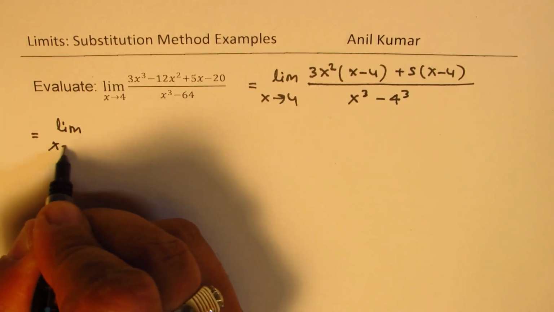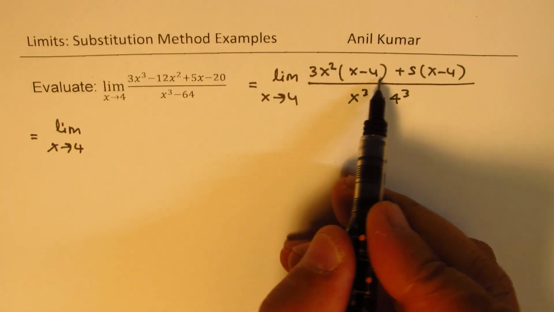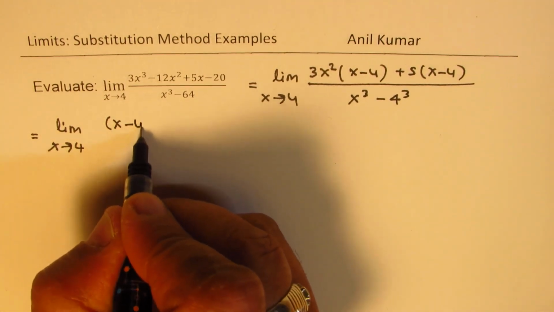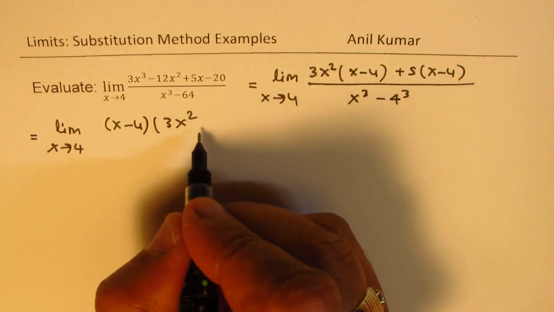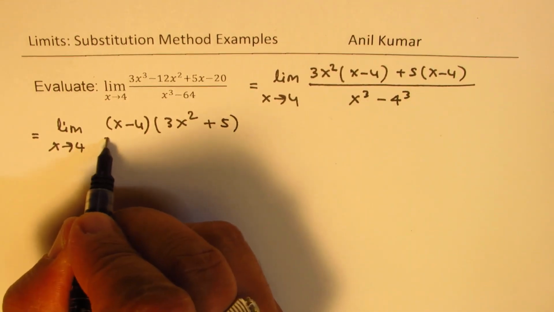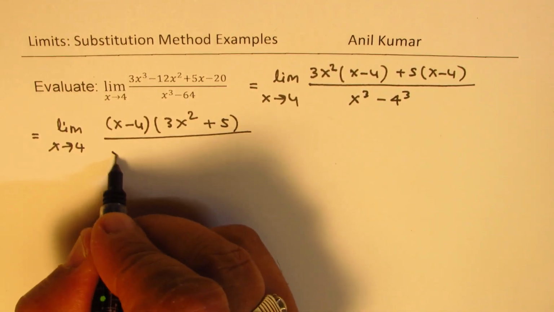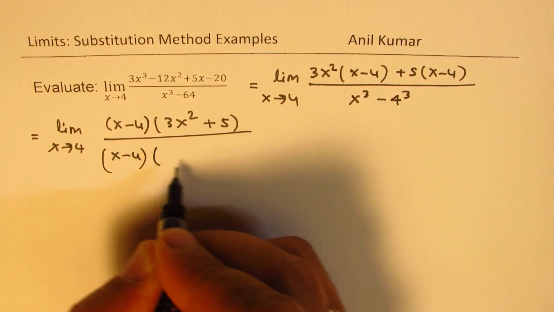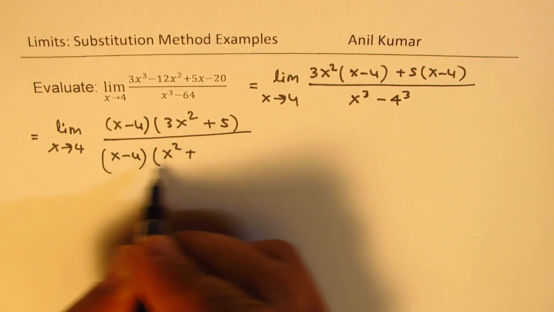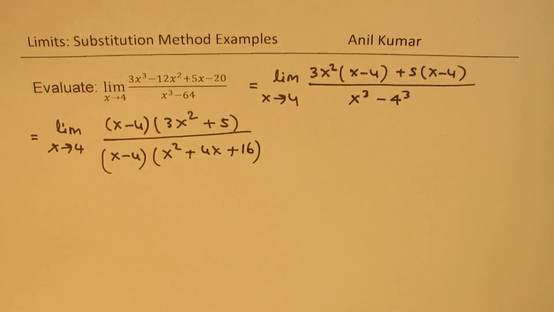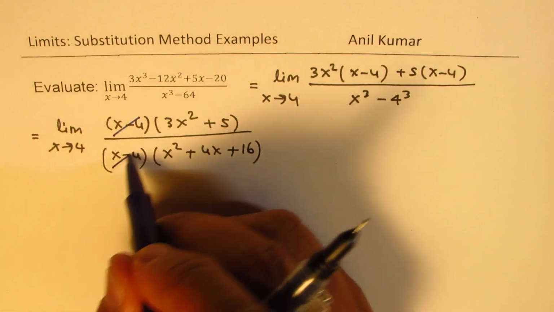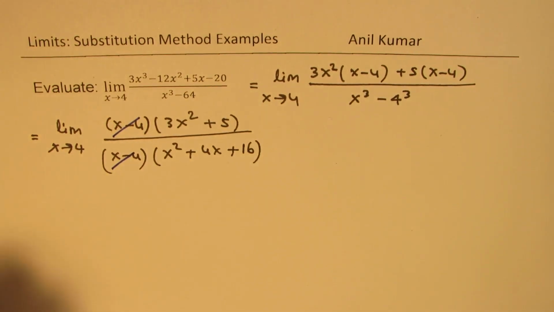So what we get here is limit when x approaches 4, x minus 4 is a common factor. We're left with 3x squared plus 5. And the denominator, we have x minus 4 times x squared plus ab, which is 4x, plus 4 squared, which is 16, correct? And now, clearly, x minus 4, the common factor in numerator and denominator, gets cancelled.